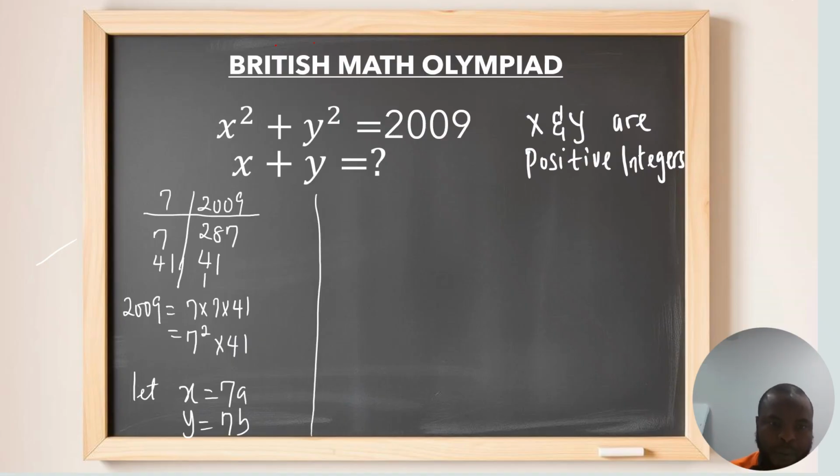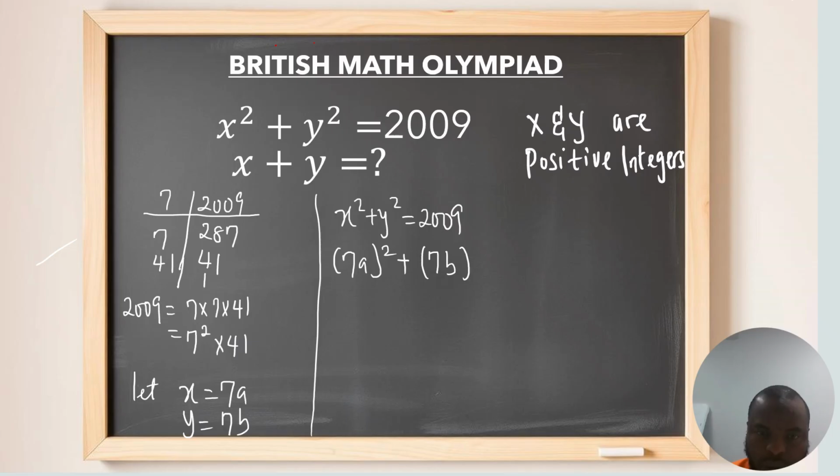So from here, recall that we have x squared plus y squared equals 2009. Now my x squared is going to be (7a) squared plus my y squared, which is going to be (7b) squared, equals 2009. My 2009 can be written in this form, which is 7 squared times 41.